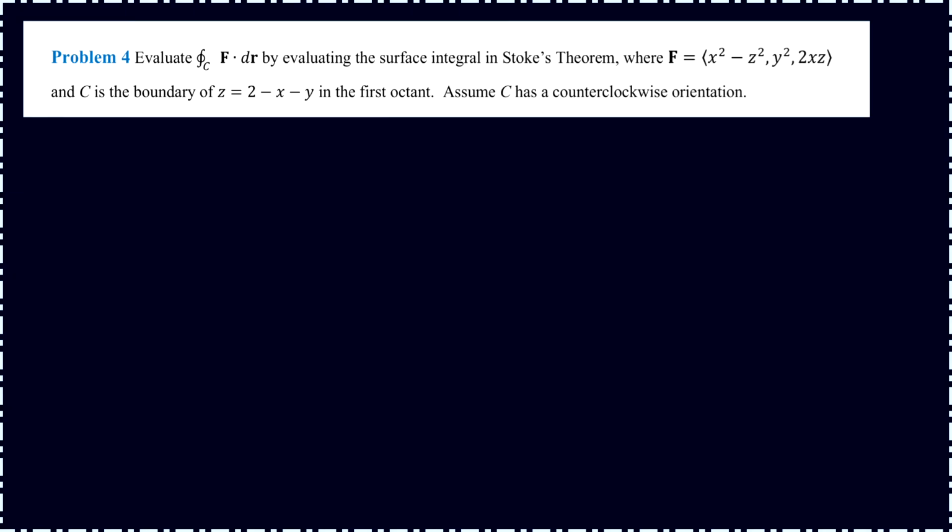Okay, let me see if I have it correctly. So again, Stokes theorem says that the line integral is the surface integral over the surface of the curl of F dotted with n dS.